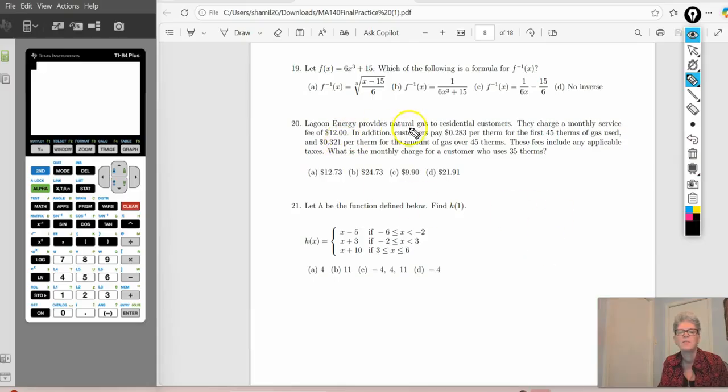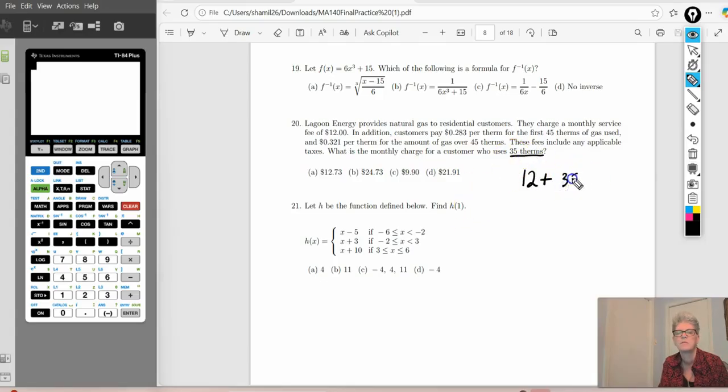Okay, Lagoon Energy provides natural gas to residential customers. They charge a monthly service fee of $12. Okay. So you're going to have to pay $12 no matter what. In addition, customers pay 0.283 per therm for the first 45 therms of gas used. Okay. What's the monthly charge for a customer who uses 35 therms?